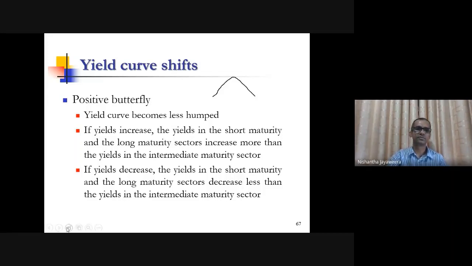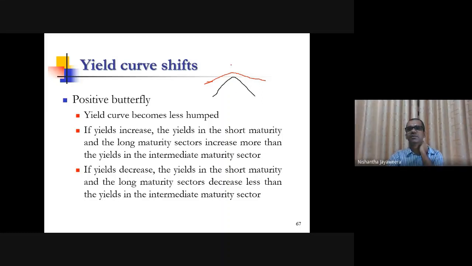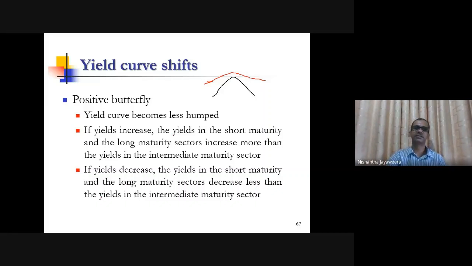Now it becomes like this. Yield has increased, but in the longer end and the short end, the increase is higher than in the intermediary area. If yield decreases, it's the other way around. Long maturity sector decreases less than the yield in the intermediary maturity sector.